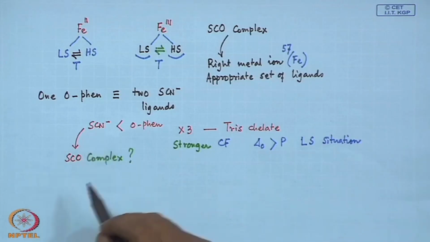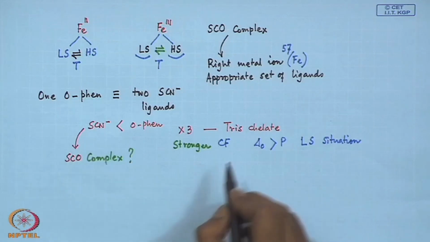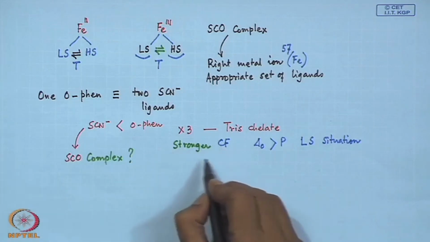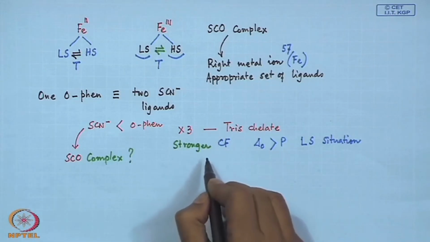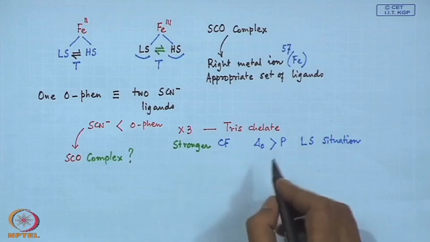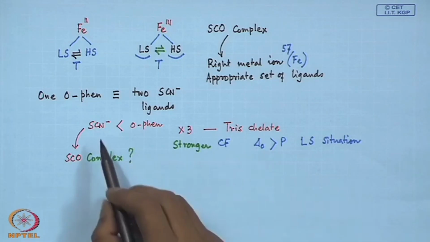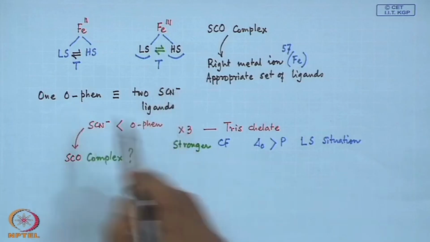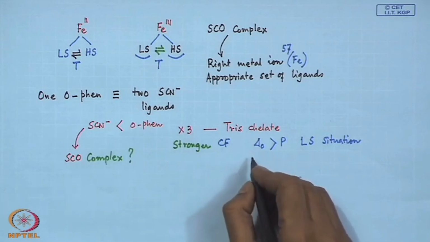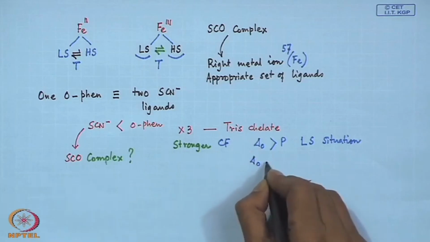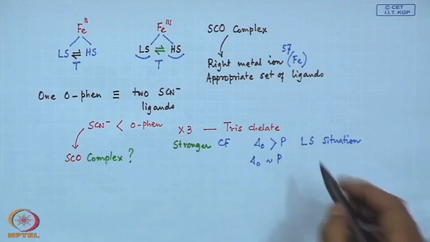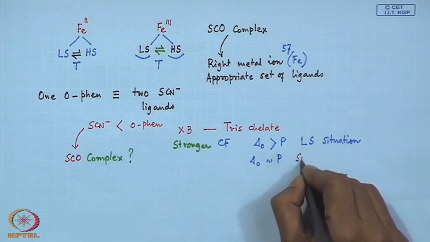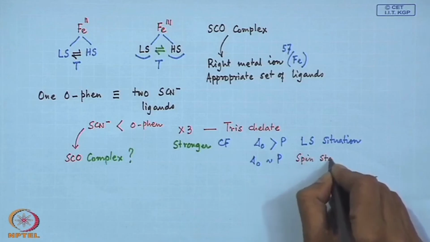But when we go for the thiocyanate compound, we are compromising, that means we are trying to reduce the crystal field strength. As we reduce it, with 2 substitutions of thiocyanate for 1 phenanthroline, our expectation is that delta octahedral would be comparable to P. That is the expected situation where we can have the spin state equilibrium.